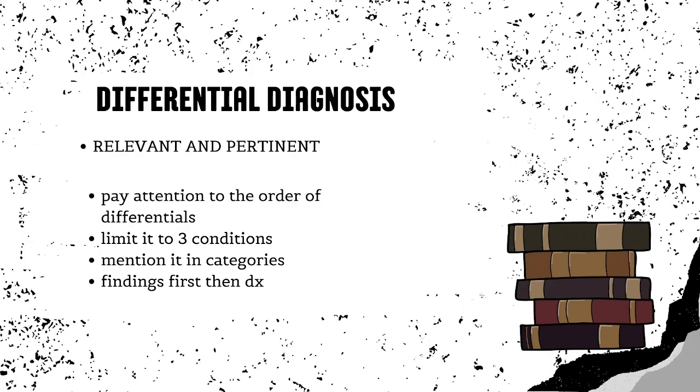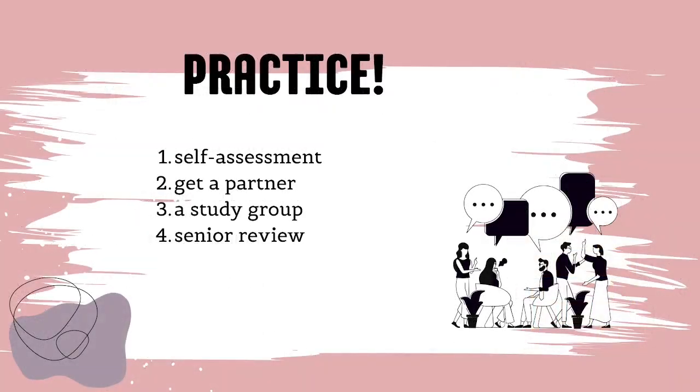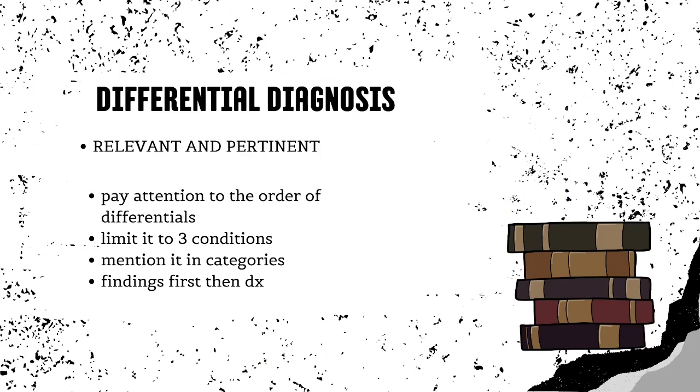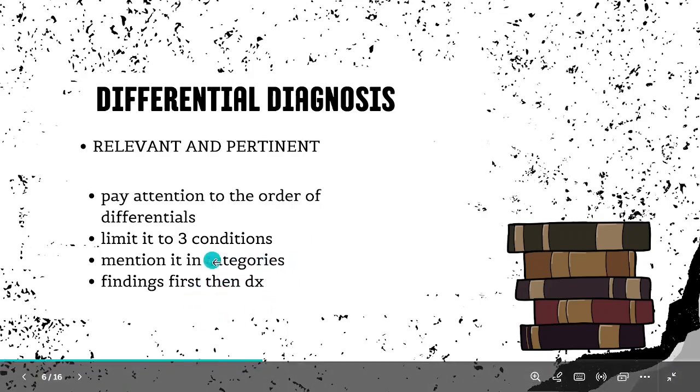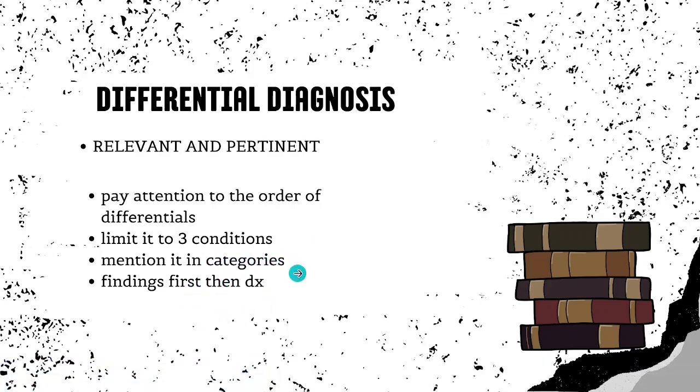Another tip would be to categorize your differentials in the manner as follows: infectious causes, inflammatory causes, or malignant causes. So whenever you're trying to give a differential, mention the category first and then 1 or 2 examples of what could be the likely possibility.